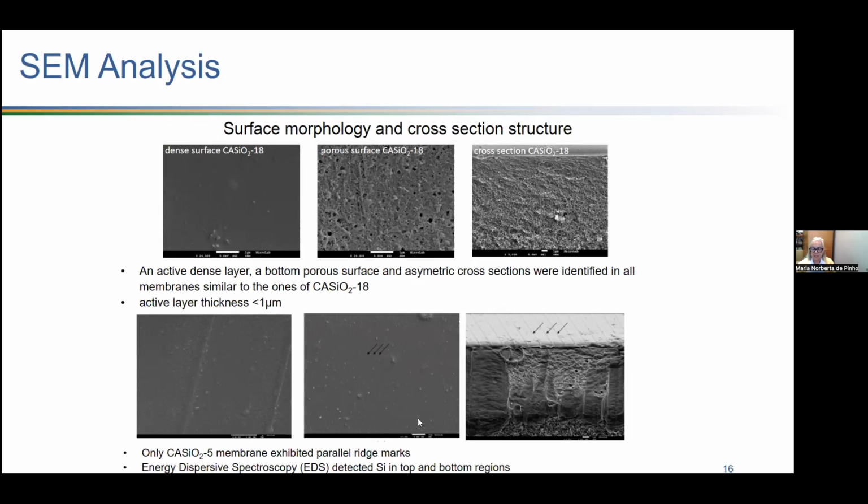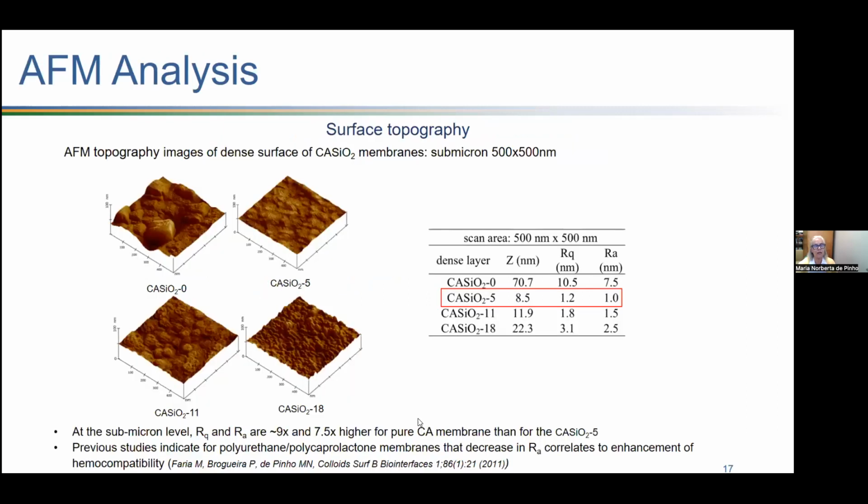Then we went ahead to do atomic force microscopy for these membranes, and the membrane with 5% of silica has the lowest values of Z, Rq, and Ra, which are parameters that give evidence about the roughness of the surface.